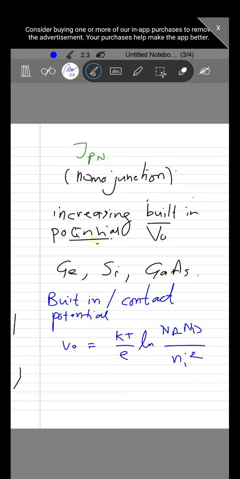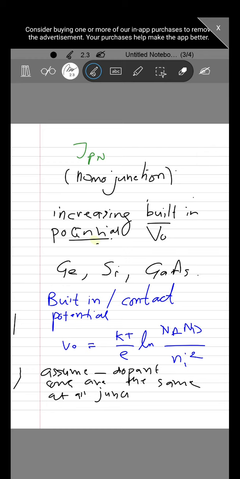Now, if we assume that the dopant concentrations are the same at all the junctions, at room temperature, this one becomes a constant.